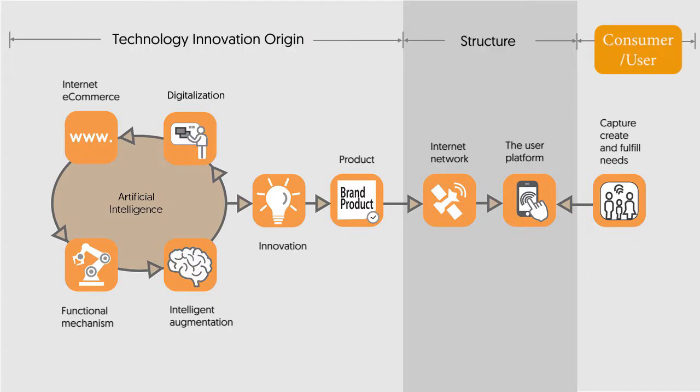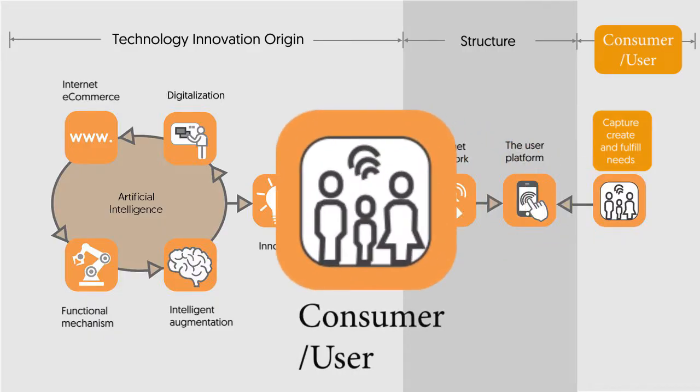Consumer insights are the core driver of all changes. Throughout the thinking process, the consumer is at the center. The objective is to capture, create, and fulfill needs on a massive scale. Let's begin with explaining consumer insights.